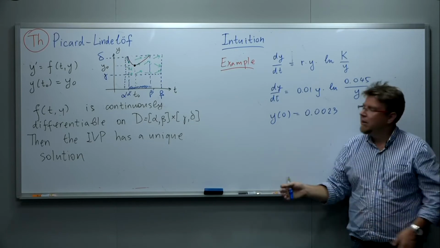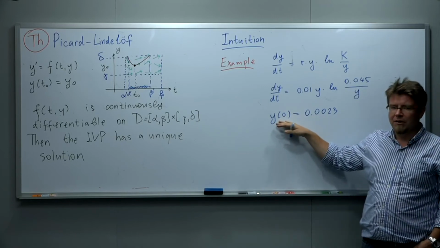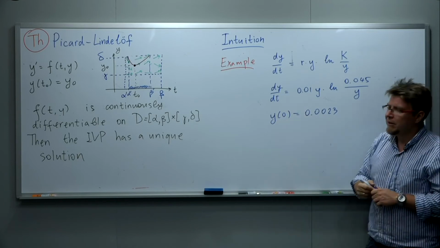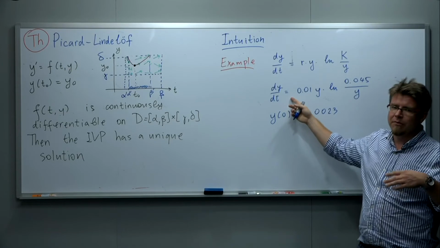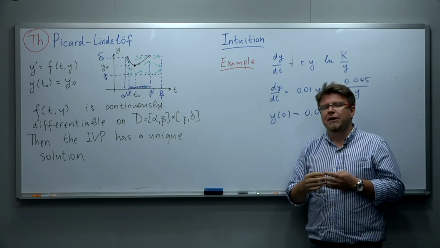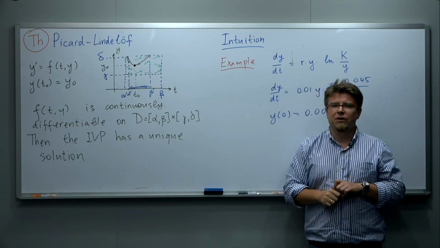So it means that if we know this, then we can calculate, at least theoretically. Maybe we cannot solve the differential equation explicitly, in the sense that we cannot find the formula, the explicit form that satisfies this differential equation.